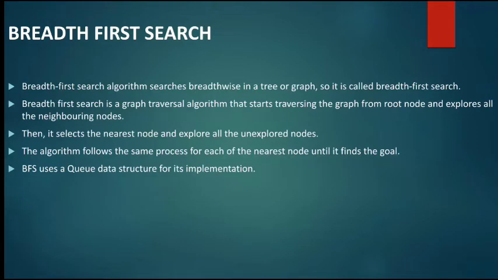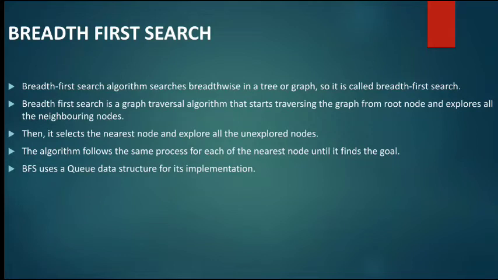Breadth first search algorithm searches breadth-wise in a tree or graph, so it is called breadth first search. It is a graph traversal algorithm that starts traversing the graph from the root node and explores all the neighboring nodes. Then it selects the nearest node and explores all the unexplored nodes. The algorithm follows the same process for each of the nearest nodes until it finds the goal.